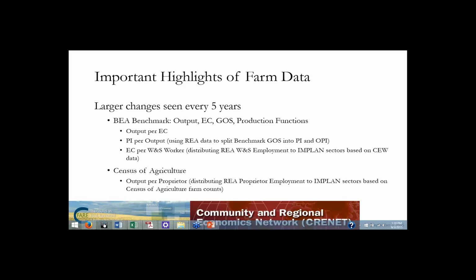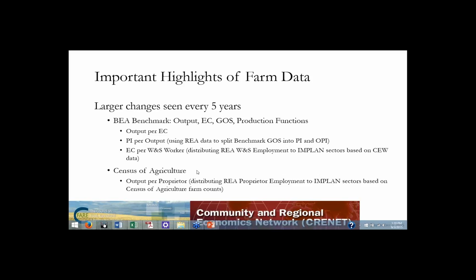In particular, you might see jumps every 5 years because we get new BEA benchmarks every 5 years, and that provides us output, employee compensation, gross operating surplus, and production functions for all the IMPLAN sectors.